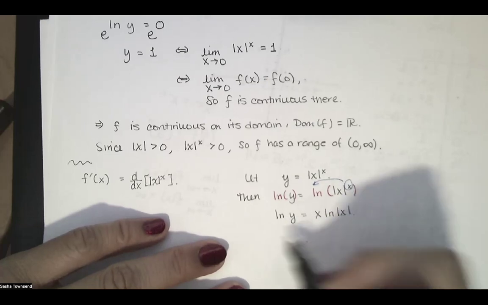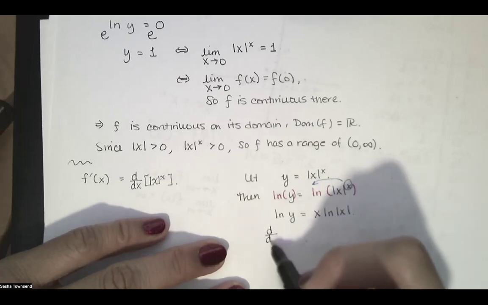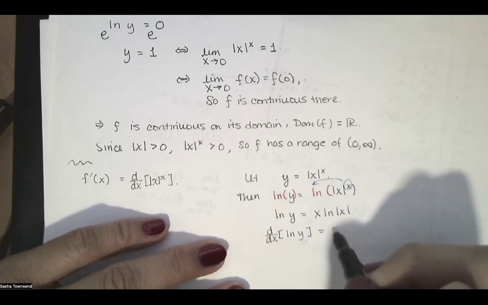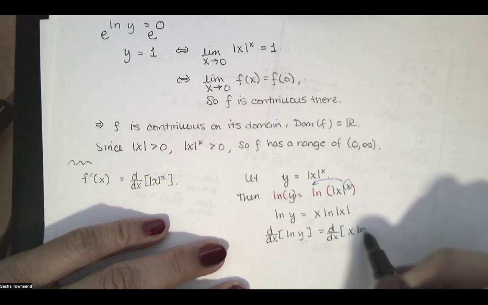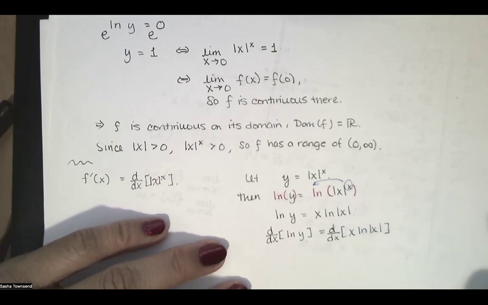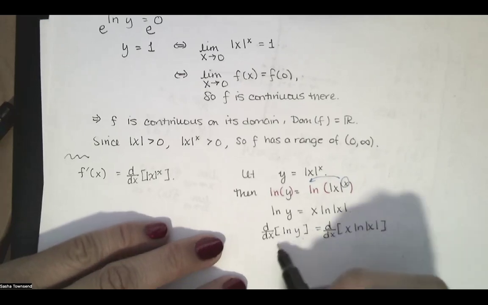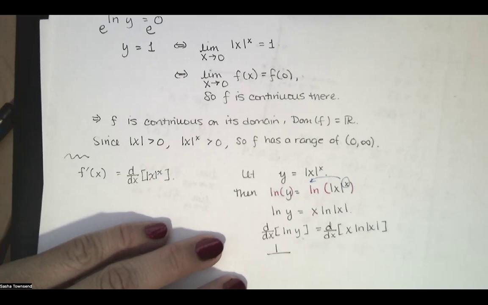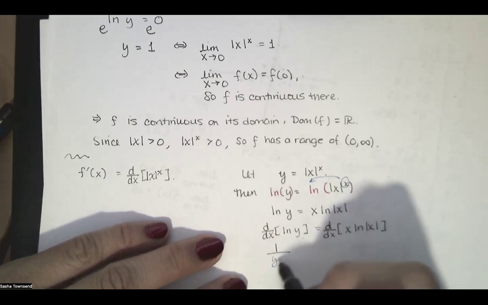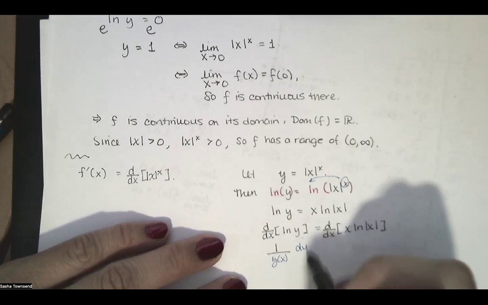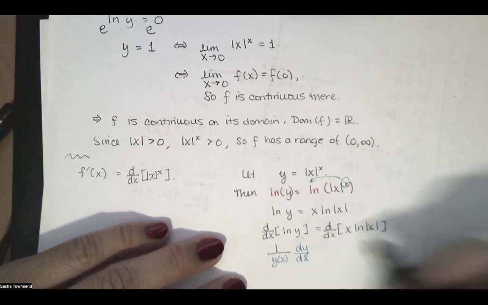Well, I can compute the derivative using implicit differentiation now. So we'll differentiate both sides with respect to x, remembering that y is actually a function of x. If I'm taking the derivative of log of a function of x, I get 1 divided by that function. If you want, you can write y of x just to make it a little bit more explicit, times the derivative of the inside by the chain rule.